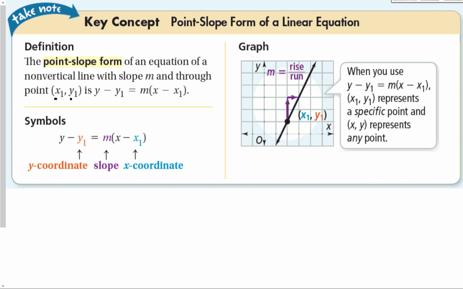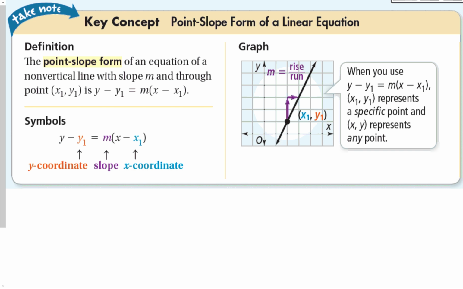If we look at this formula, y and x are my variables, y1 and x1 are the coordinates from the point on the graph, and m is my slope, rise over run. When we use this formula, x1, y1 represents the specific point, and x and y represent any point and are just general variables.